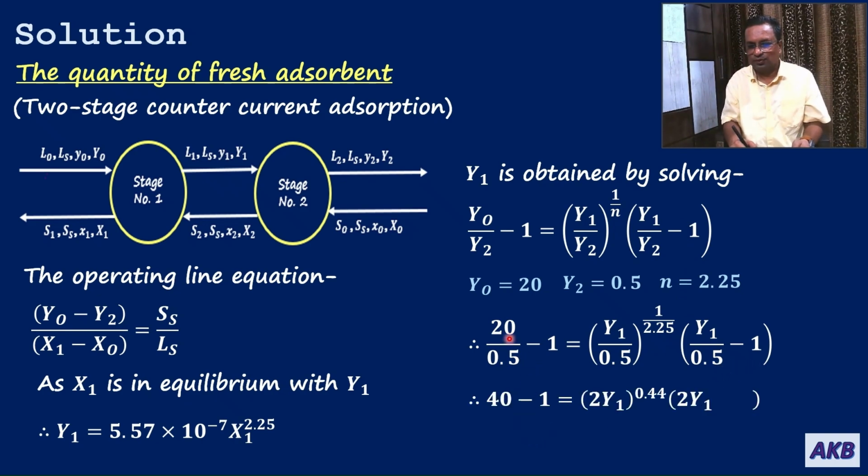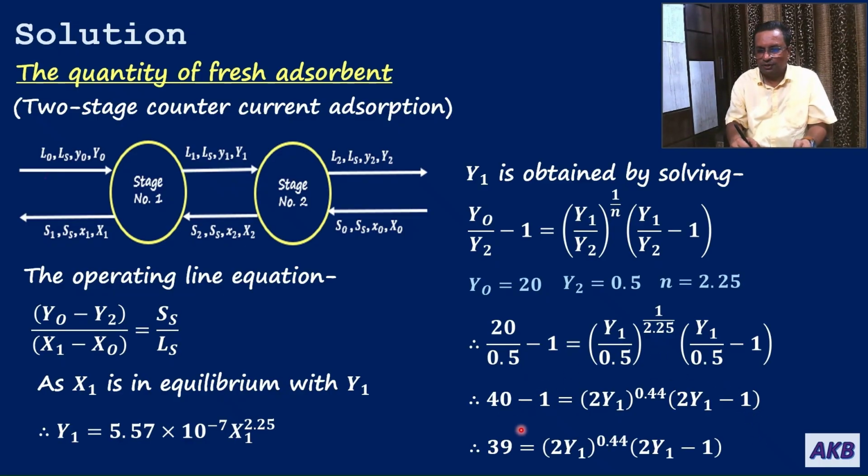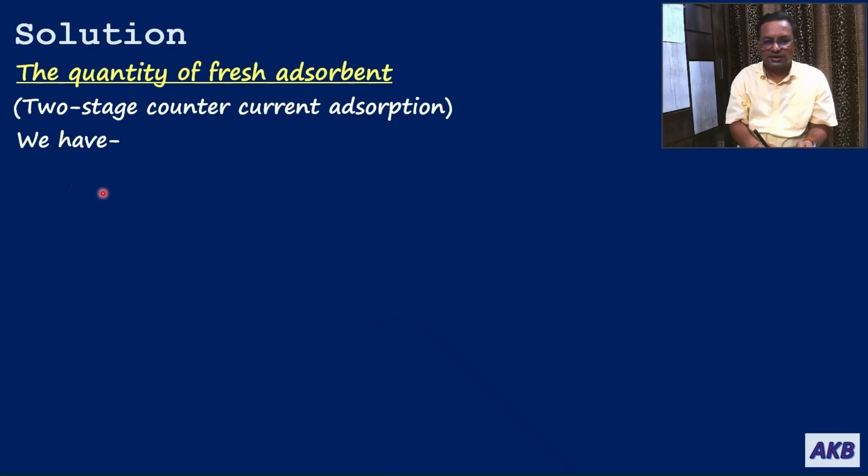Simplifying, 20 upon 0.5 is 40 minus 1, and 1 upon 0.5 is 2, so it is 2 into Y1 raised to 0.44 (1 upon 2.25 is 0.44) into (2 into Y1 minus 1). So you get this equation. Therefore, 40 minus 1 is 39.